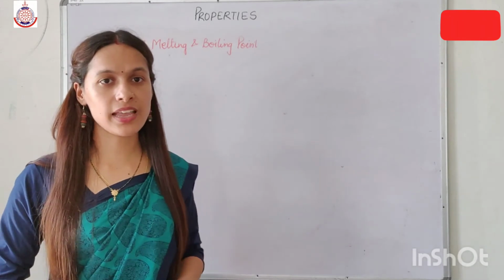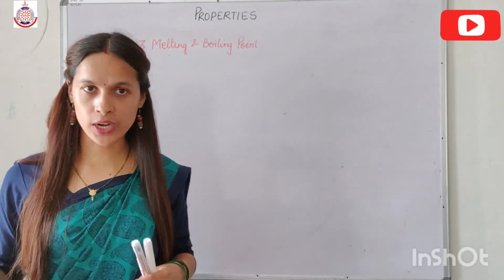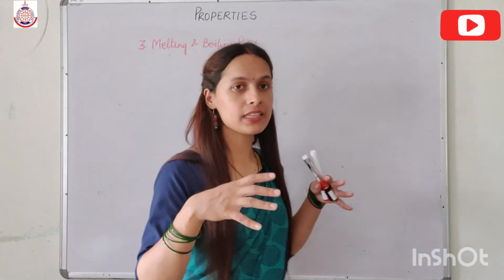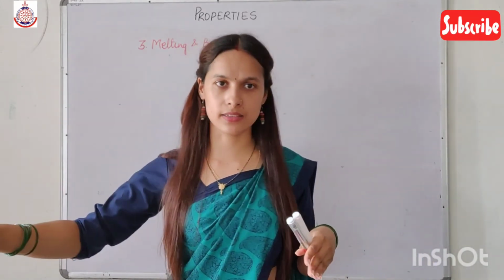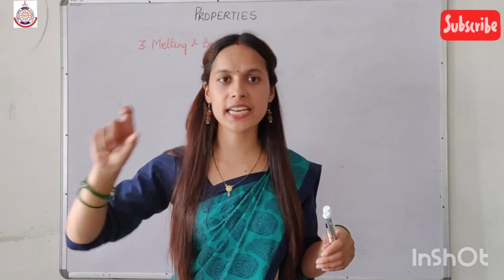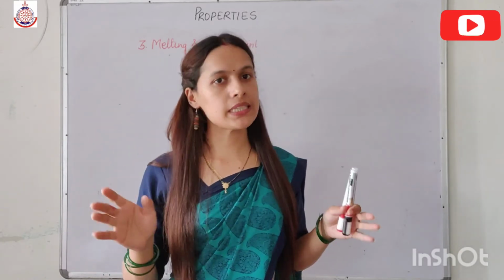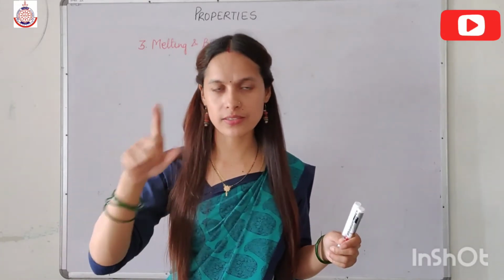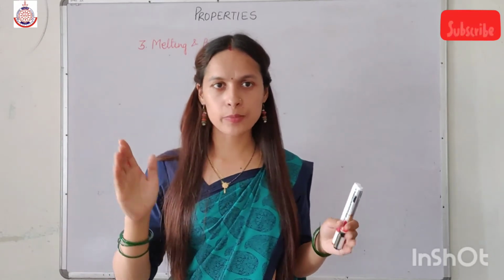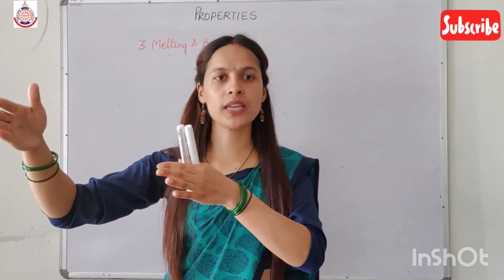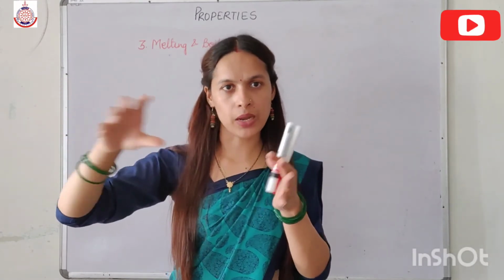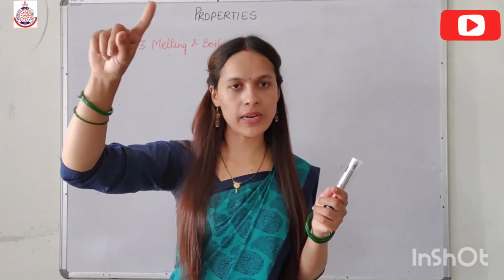So transition metals have high melting and boiling points, but the melting and boiling point first increases and then decreases when we move left to right in any transition series. It means when we move from scandium, titanium, vanadium, chromium, then up to chromium we get an increase in melting point.